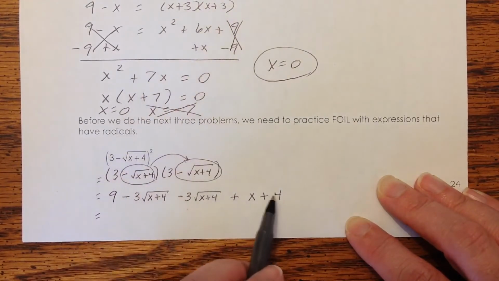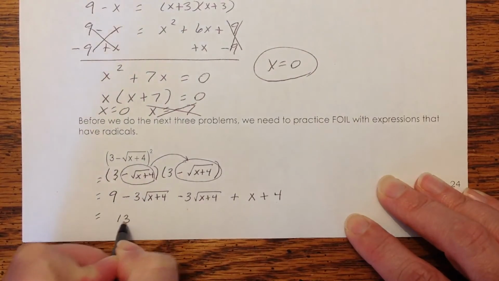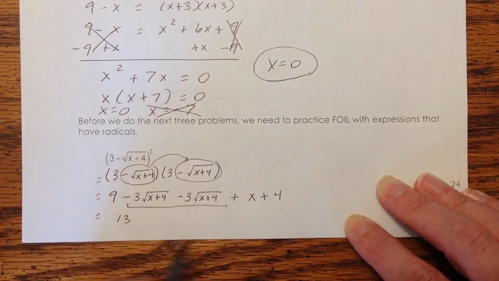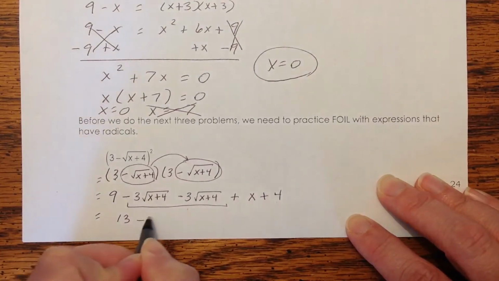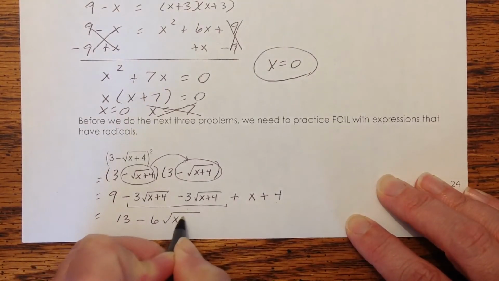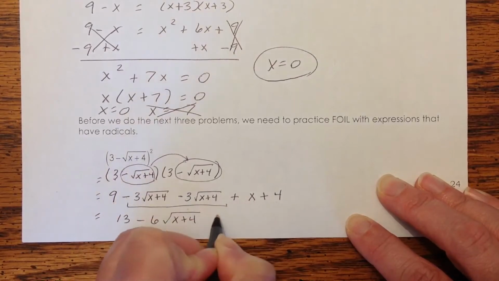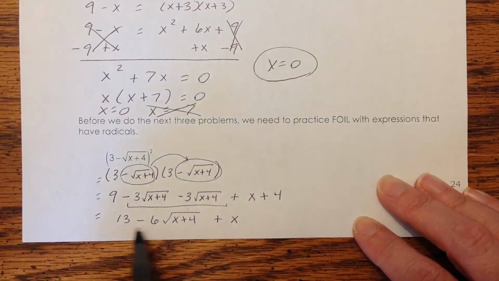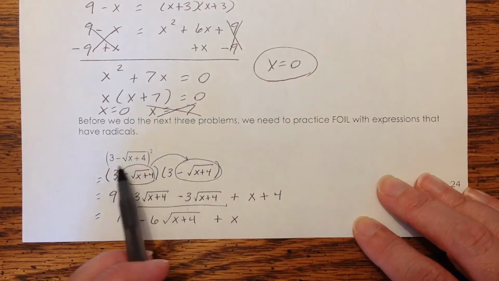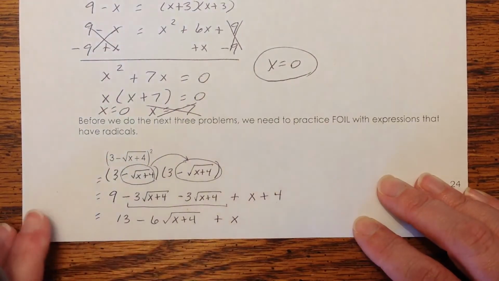So 9 and 4 would be 13. These carry the same identical radicals, so they're like terms. So we get minus 6 square roots of x plus 4. And then this plus x we still have. So this is what we end up with when we FOIL this expression.